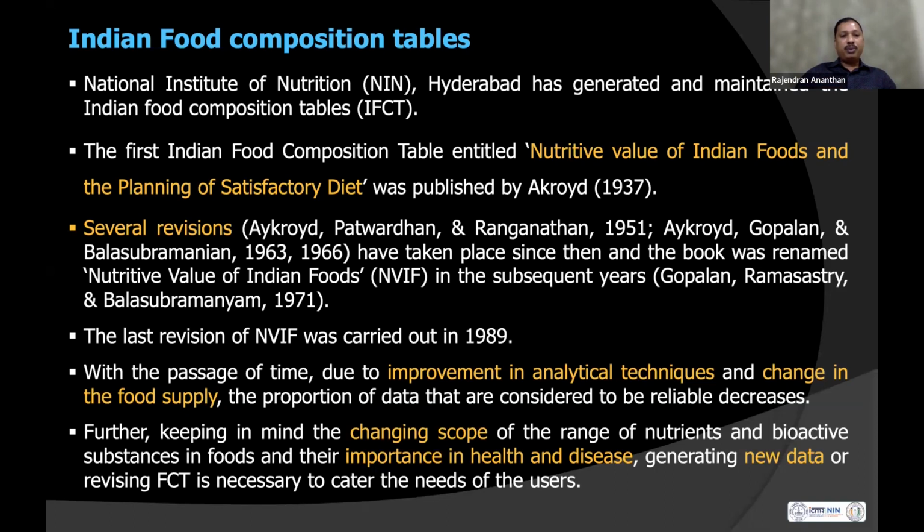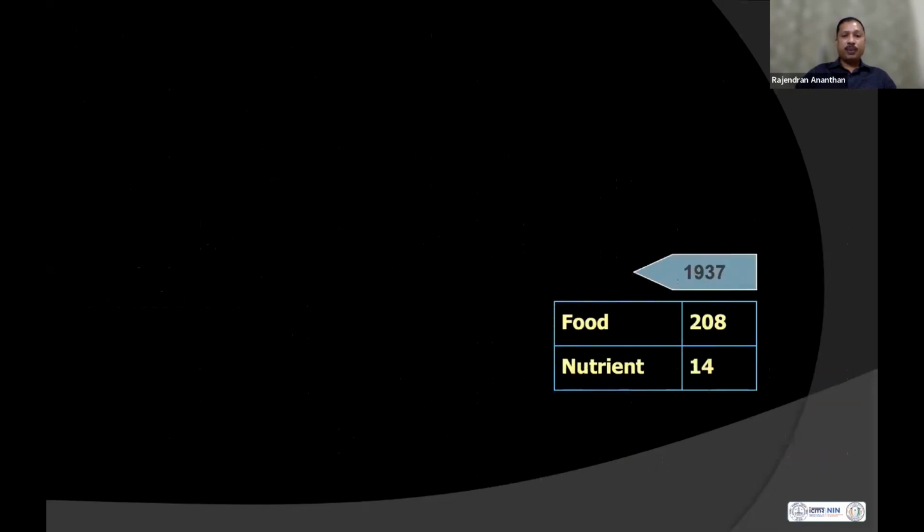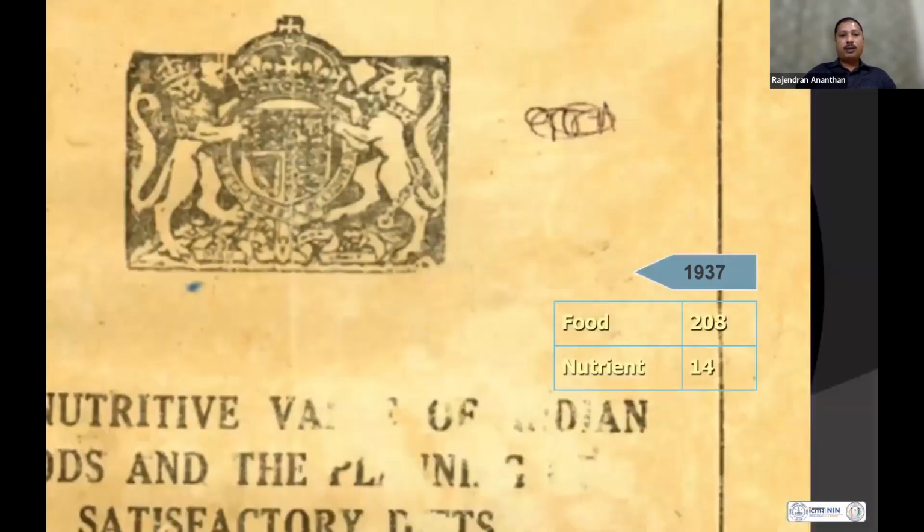Keeping in mind the changing scope and range of nutrients and bioactive substances in foods, and their importance in health and disease, generating a new database or revising the food composition tables was necessary to cater to the needs of users and to follow systematic guidelines.